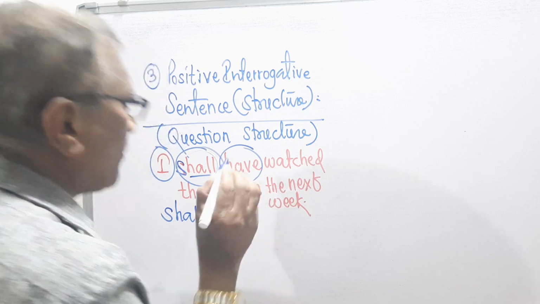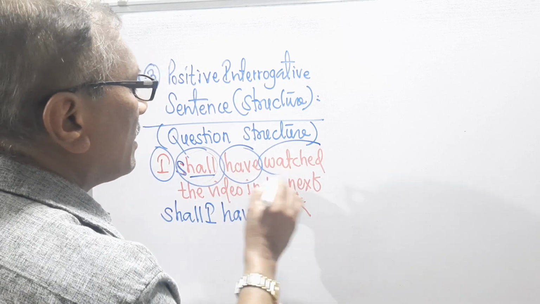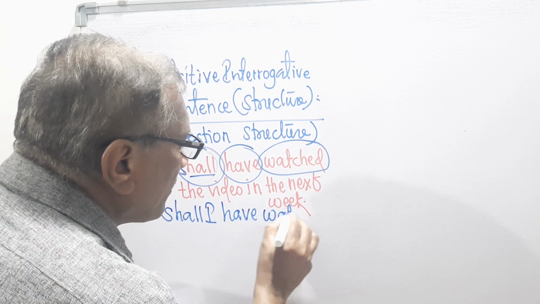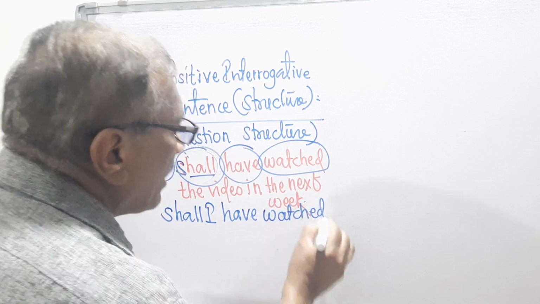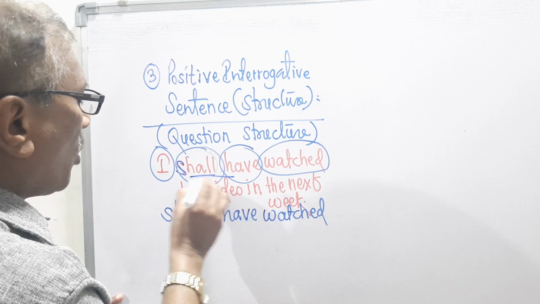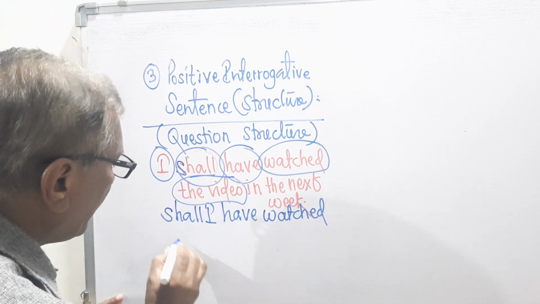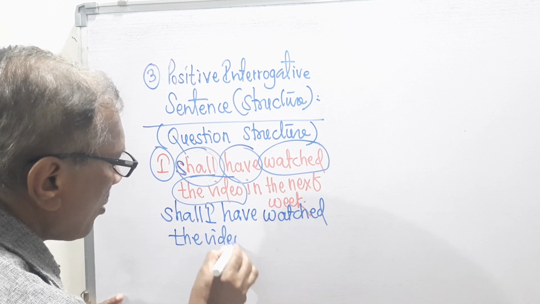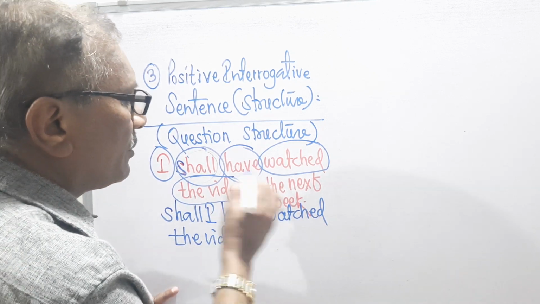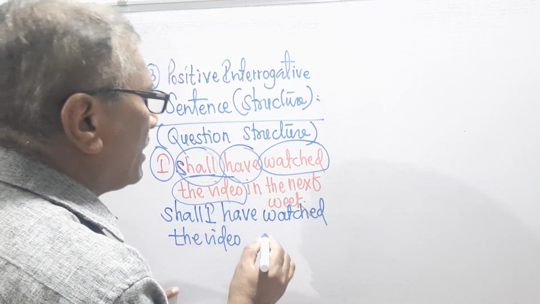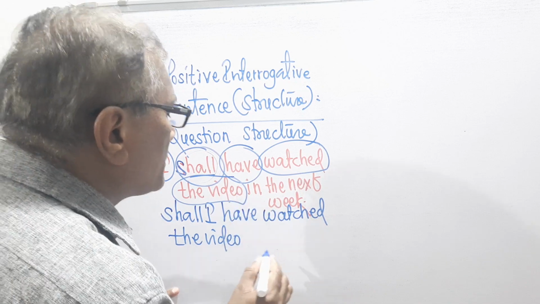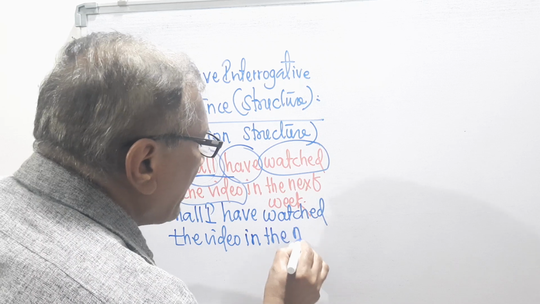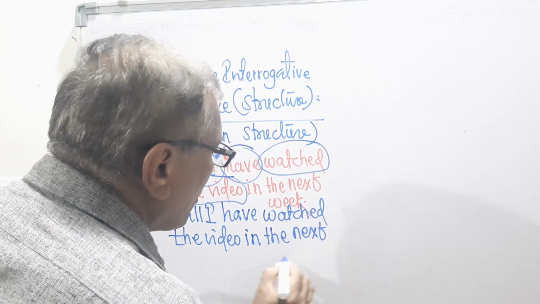Then take this PP, watched. Then take this object, the video. Then take the complement, that is the extra words, in the next week.